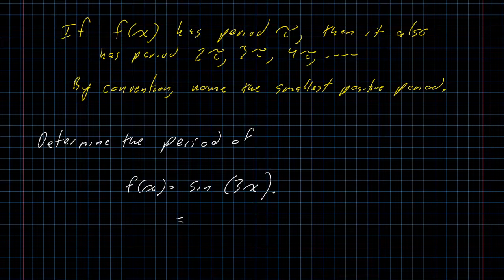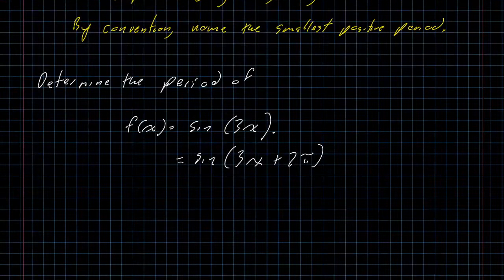So sine of 3x is the same thing as sine of 3x plus 2 pi. And I might have to get a little bit creative, but notice here that I can factor, and this is 3 times the quantity x plus 2 pi over 3.